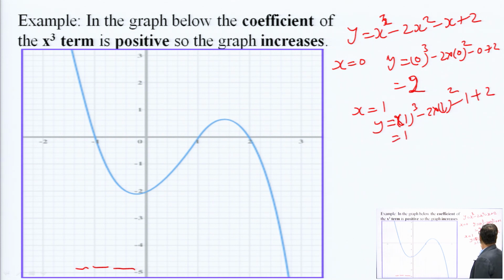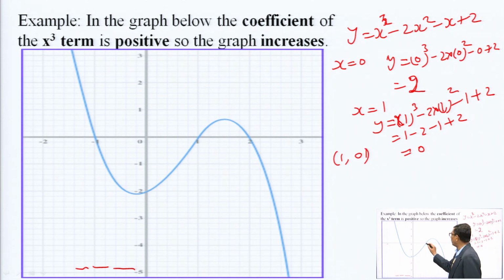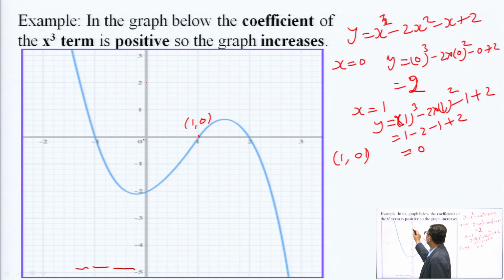So, 1 minus 2 minus 1 plus 2 will be equal to 0. So, the coordinate for this is 1, 0, and the point is here. When x equal to 0, y equal to 2, this is the point.